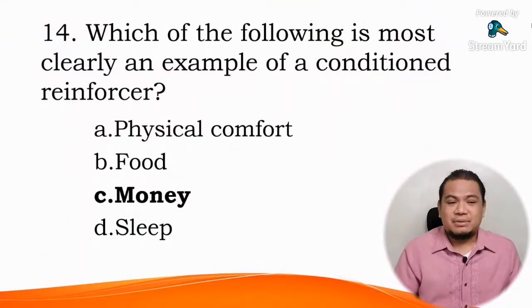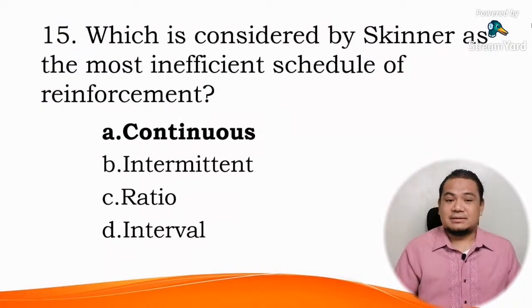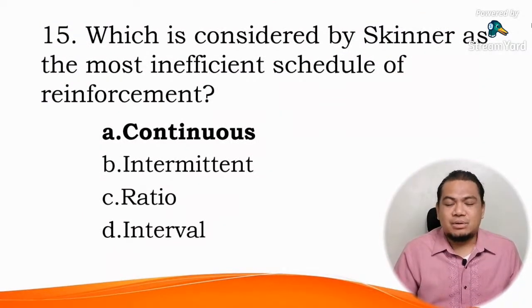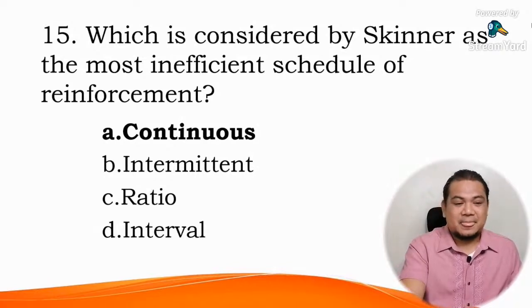Number 14. Which of the following is most clearly an example of a conditioned reinforcement? The answer is letter C, money. 15. Which is considered by Skinner as the most inefficient schedule of reinforcement? The answer is letter A, continuous.